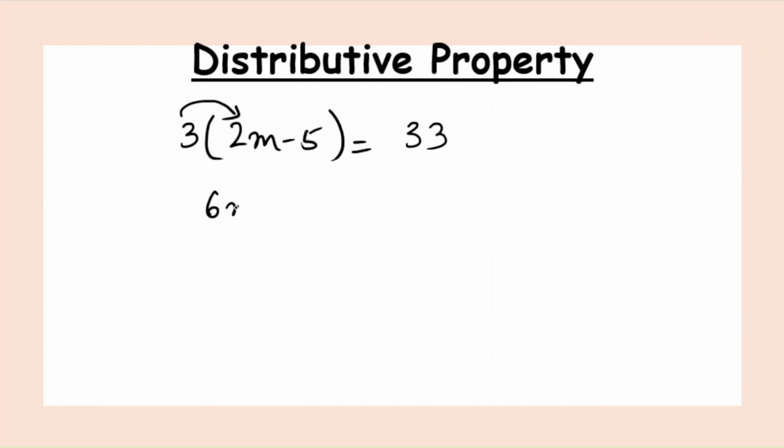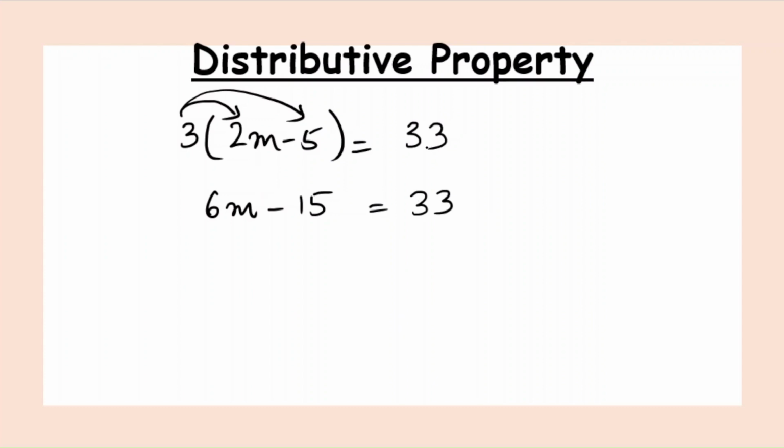So my equation is 3 times (2m minus 5) equals 33. Now, this 3, which is outside the parenthesis, will get multiplied by all the terms inside the parenthesis. So 3 times 2m is 6m and 3 times minus 5 is minus 15, equals 33.